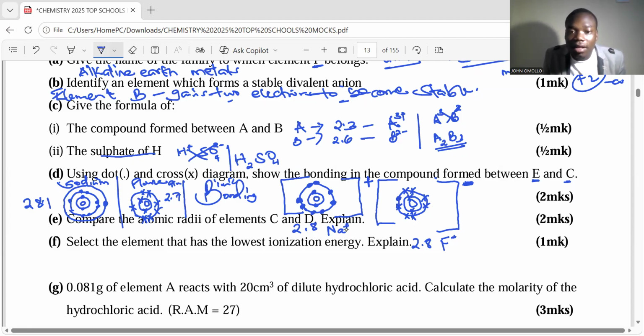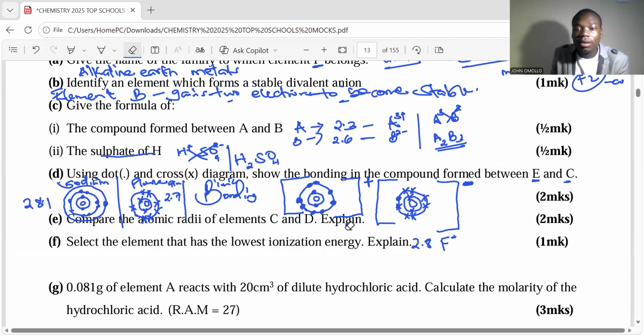So this 1 electron that has been lost by sodium is going to be taken to fluorine. So it is going to transfer electron. When a particular atom transfers an electron to the other atom, that is called ionic bonding. It forms ionic bonding, the transfer of electrons. So that is the ionic bond formed between the two.